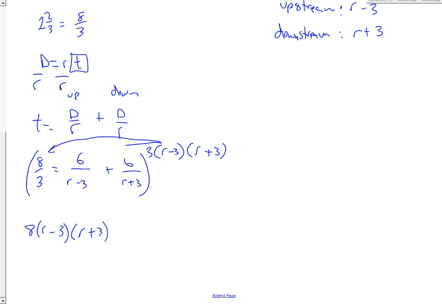When I distribute to the second term, the R minus 3 gets canceled out. I'm left with 3 and R plus 3 to go with the 6. And when I distribute to the last term, the R plus 3 cancels. I'm left with the 3 and the R minus 3 to go with that 6.